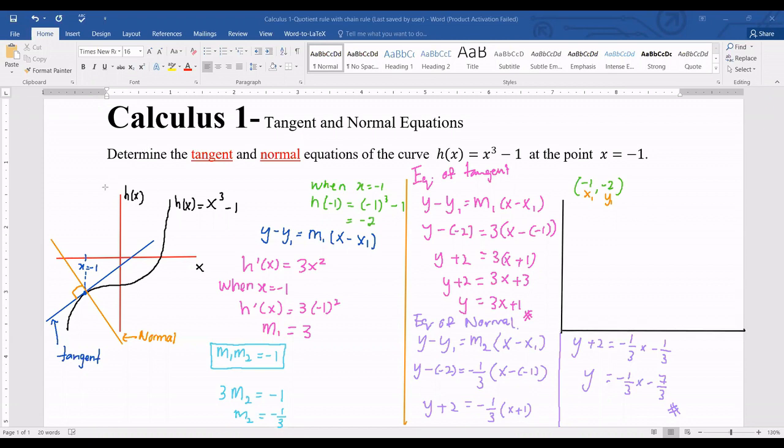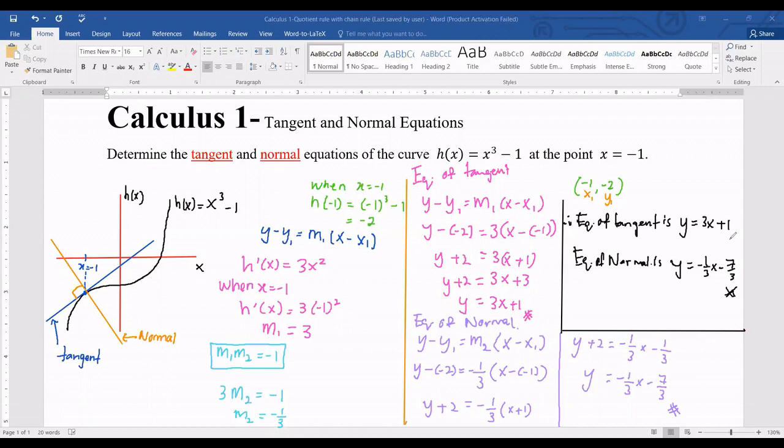Therefore, the equation of the tangent is y equals 3x plus 1, whereas the equation of the normal is y equals minus 1 over 3 x minus 7 over 3.